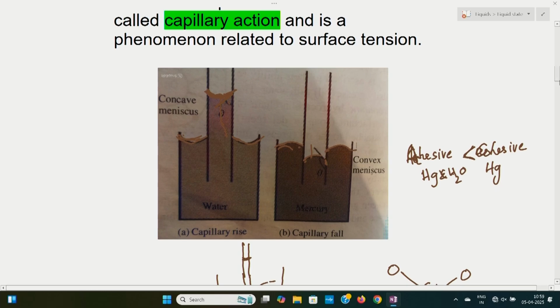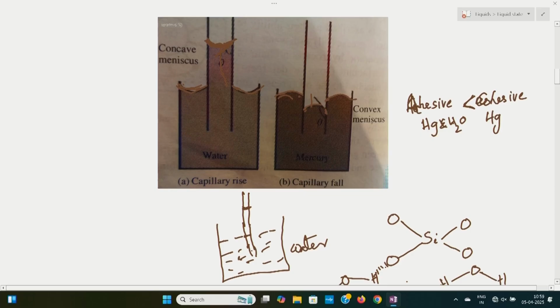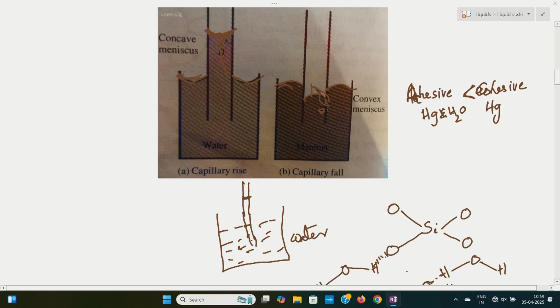Okay, this is about capillary rise and capillary fall. And this angle formed in the convex meniscus is greater than 90 degrees, and this angle is less than 90 degrees.